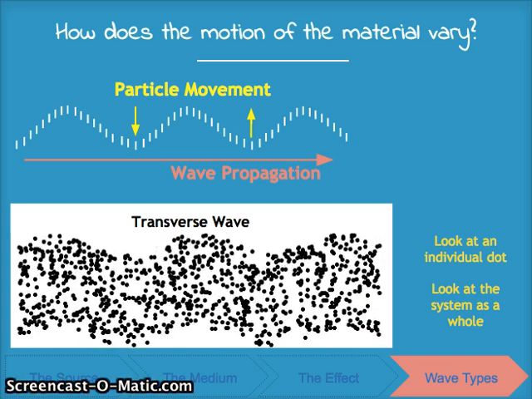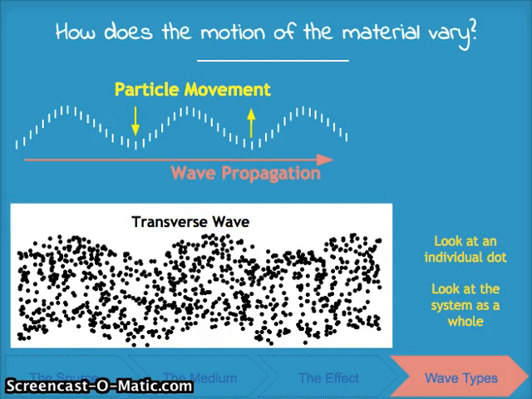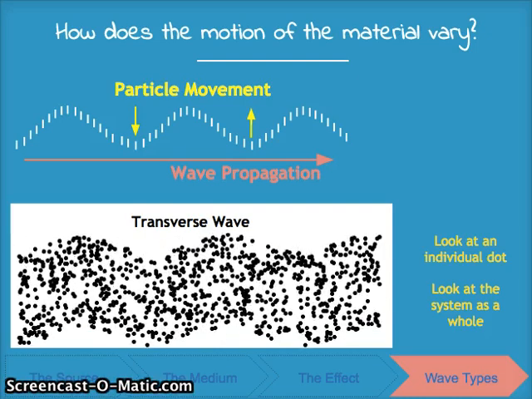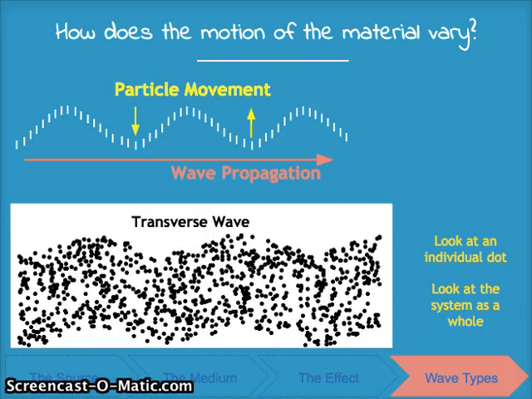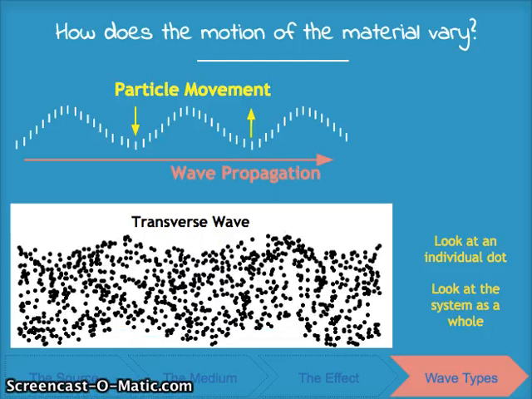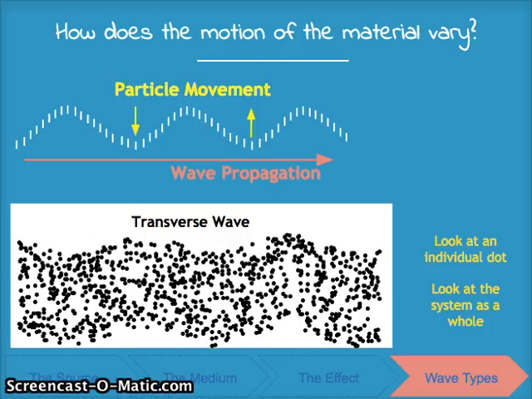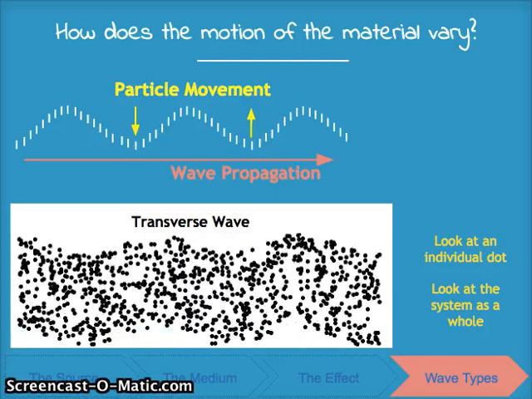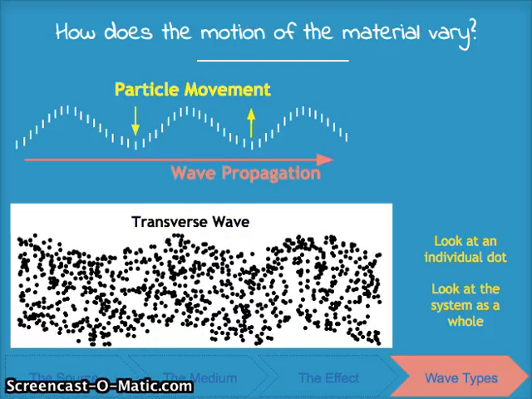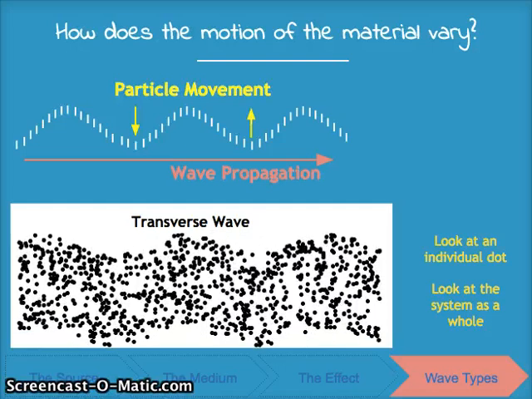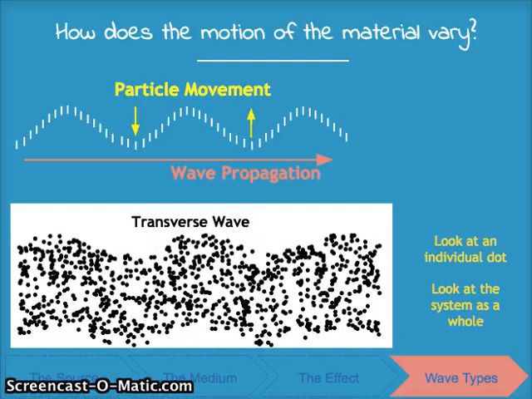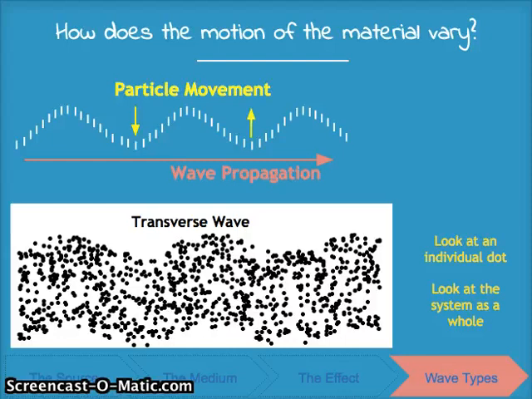So there's really two basic types of waves that we talk about. You can also have a combination of the two of them. One is called a transverse wave, and this is where the material moves perpendicular to the actual propagation of the wave. So if you look at this wave, if you look at the whole system, you should be able to see that the wave is moving to the right.